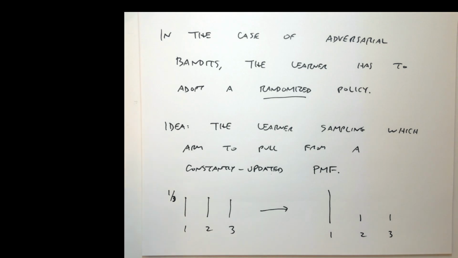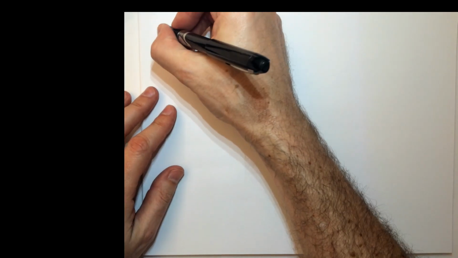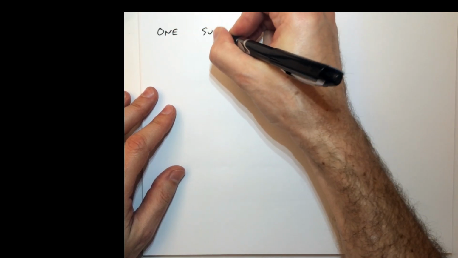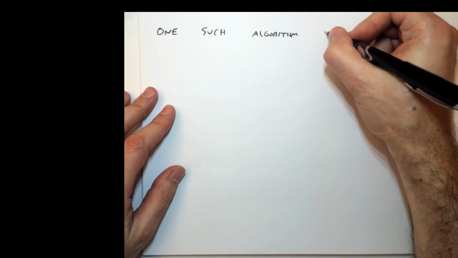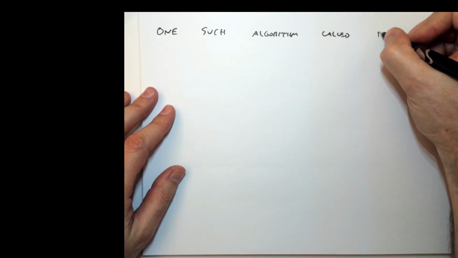So the algorithms here are definitely more complicated to explain, right? But let me give you a flavor of one of them. This is, again, very hand-wavy. So one such algorithm is called EXP3.